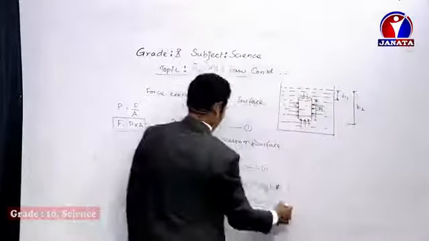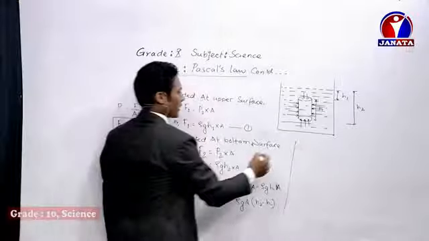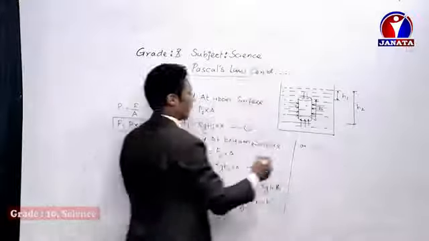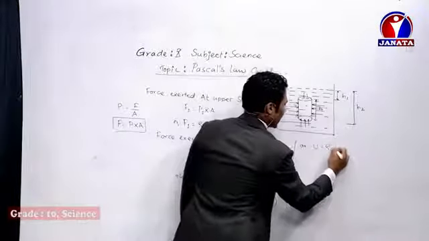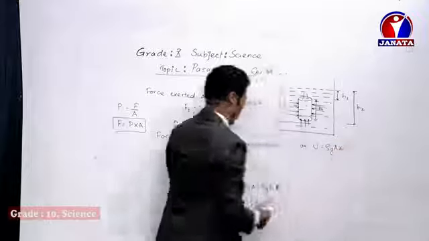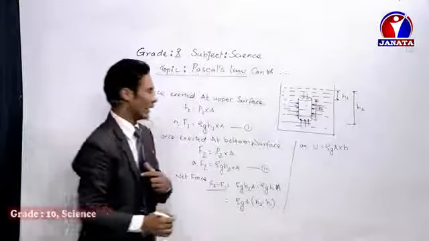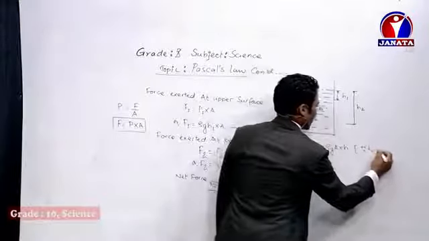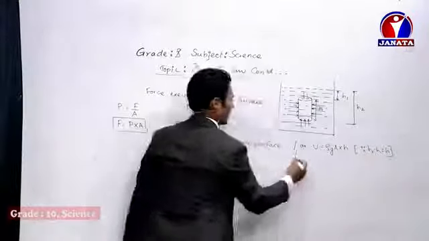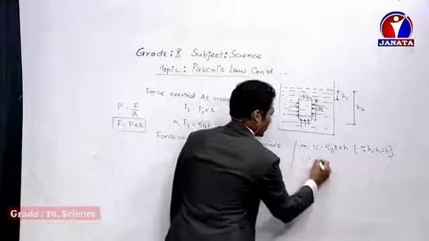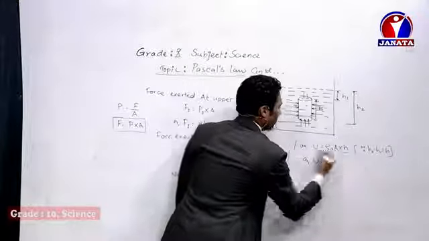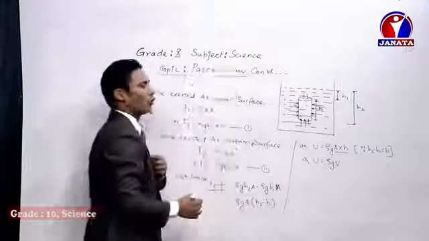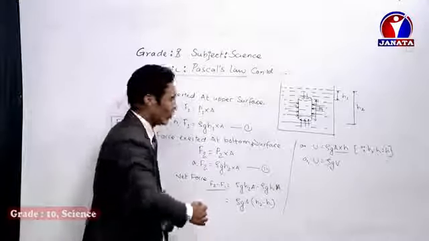So F2 minus F1 we can represent as upthrust U equals rho g A into h, because h2 minus h1 is h. Or U equals rho g, and A into h is V. This is the volume of the object, or the volume of the liquid displaced also we can say.